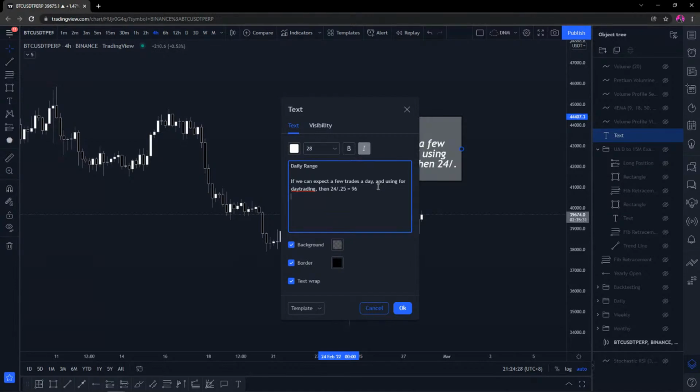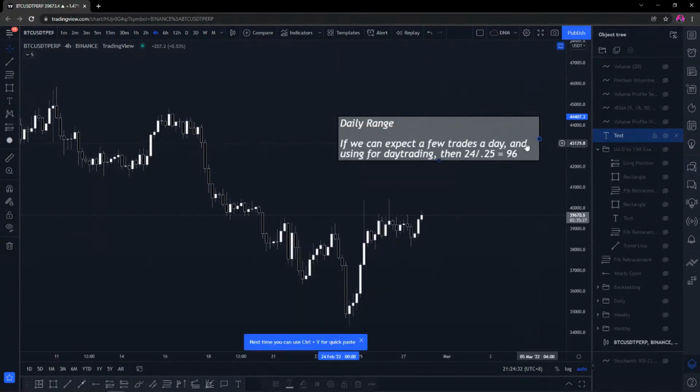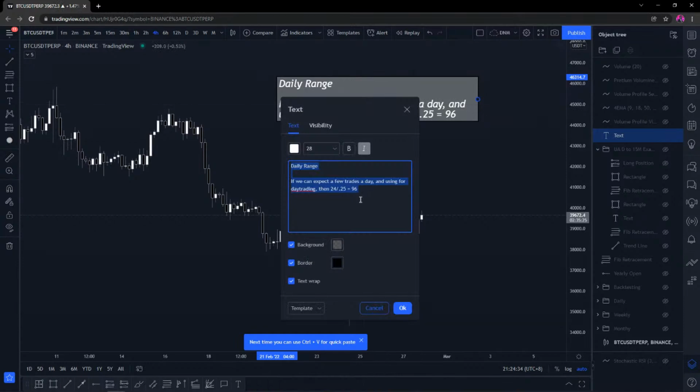Using that premise, and this is also shared in module 4, for a 4-hour chart, 4 hours divided by 96 equals, I'll just grab my phone because I can't remember it.